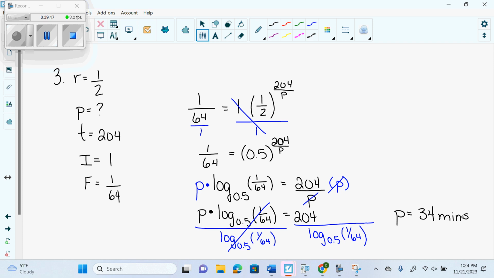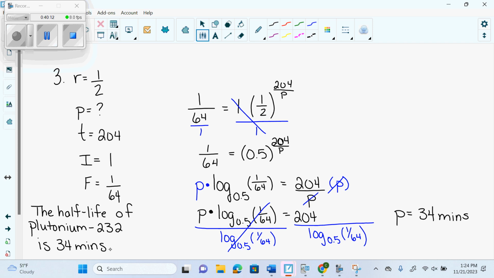And then it says, what is the half-life of plutonium-232? The half-life of plutonium-232 is 34 minutes.